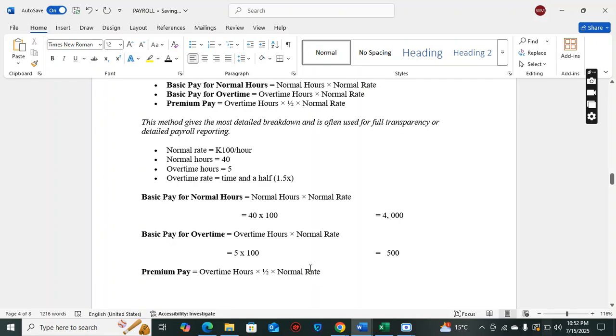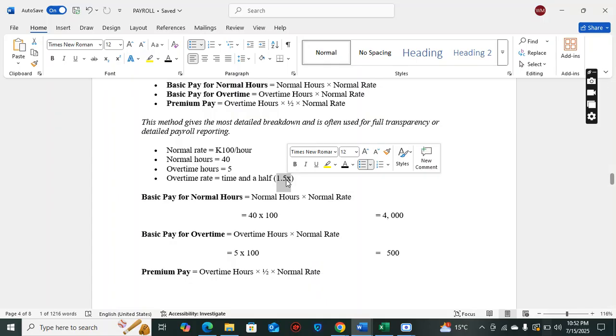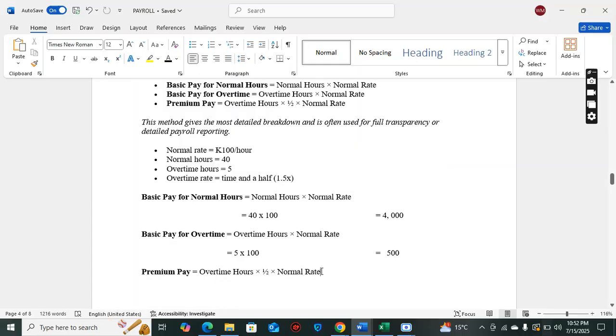Notice whenever you're breaking overtime into its components, when they say time and a half, don't use 1.5, because that's for the overall overtime pay. Now for the premium, we're only concentrating on the 0.5, which is represented by this half here.